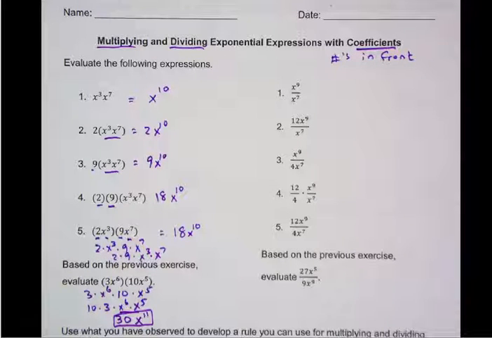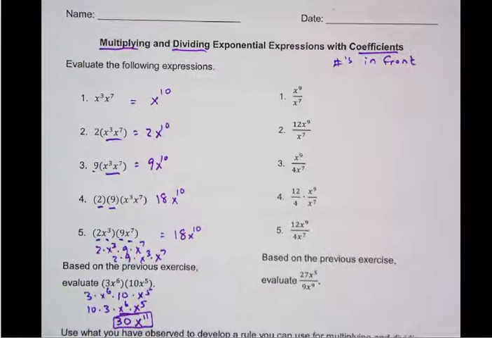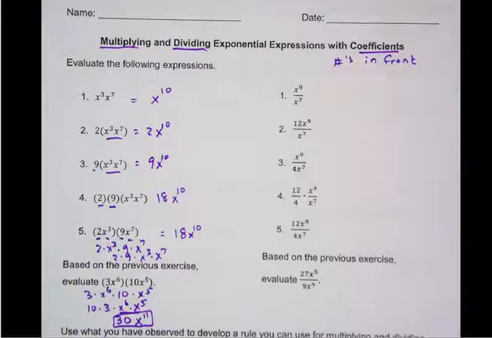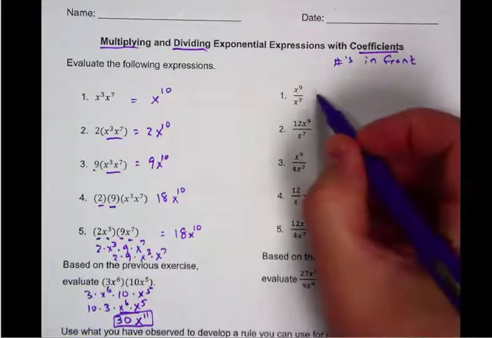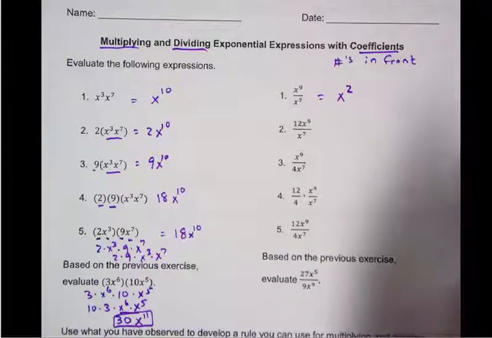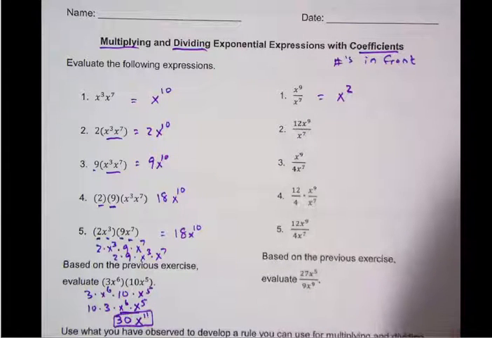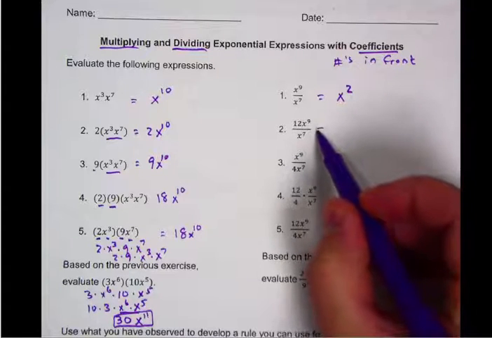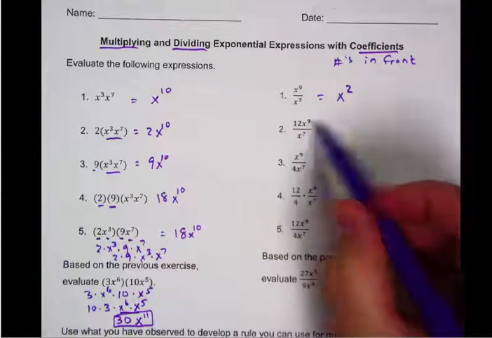Okie dokie. The same thing works with division. So if I look at the second column, x to the 9th divided by x to the 7th, apply the quotient rule, keep the base, subtract the exponents. Now what I have is 12x to the 9th divided by x to the 7th. Okay, so what this really says is 12 times x to the 9th.